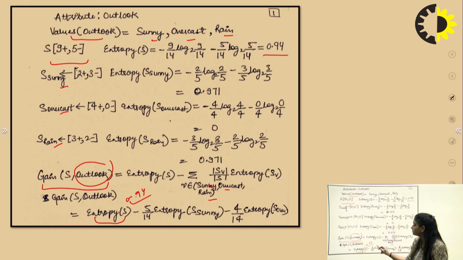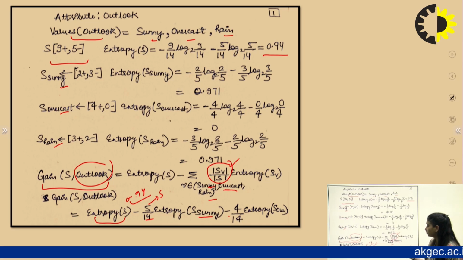So 0.94 minus 5/14. 5 is for sunny and 14 is the total number. This is the probability, we are just putting these values S_v by S. First we do this for sunny, so 5/14 times the entropy of S sunny, minus the same for overcast.